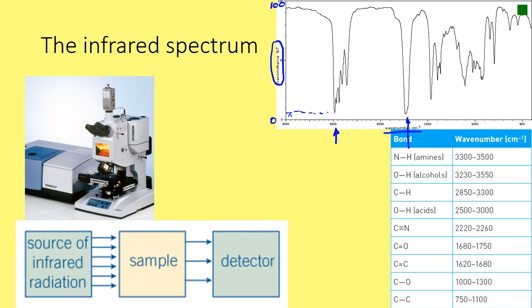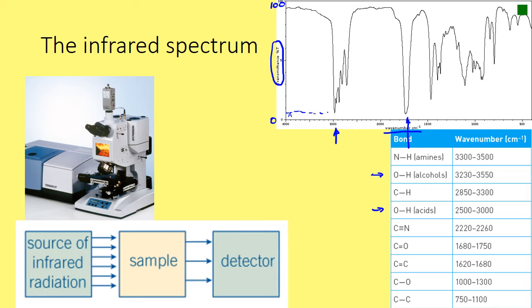So if you look at the two, well, they're called peaks, they're actually troughs, aren't they, but they're called peaks. If you look at the two peaks that I've pointed to with the blue arrows, one's at about 3000, so that could mean that we've got an OH bond of a carboxylic acid in there. Notice here that OH bonds also appear at a different part of the table.